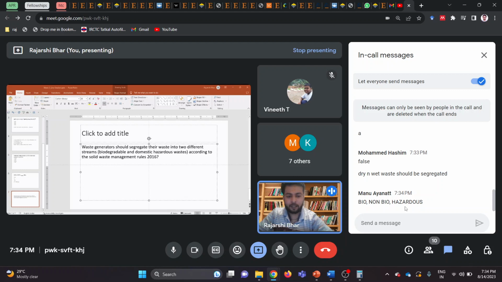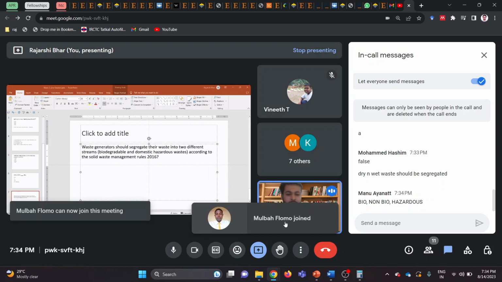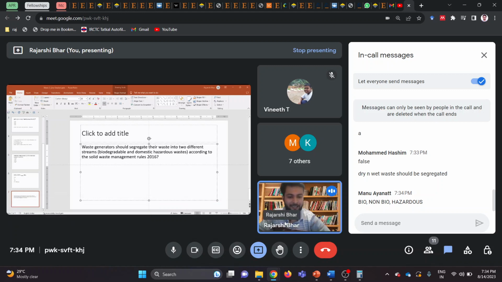Because in our households also, in the form of hazardous waste, we generate small batteries that come under hazardous waste. Similarly, any other stuff that contains such chemicals can also be present from our households. So as per the 2016 solid waste management guidelines, we should segregate organic fractions in one place, inorganics in another place, and hazardous waste in another place.